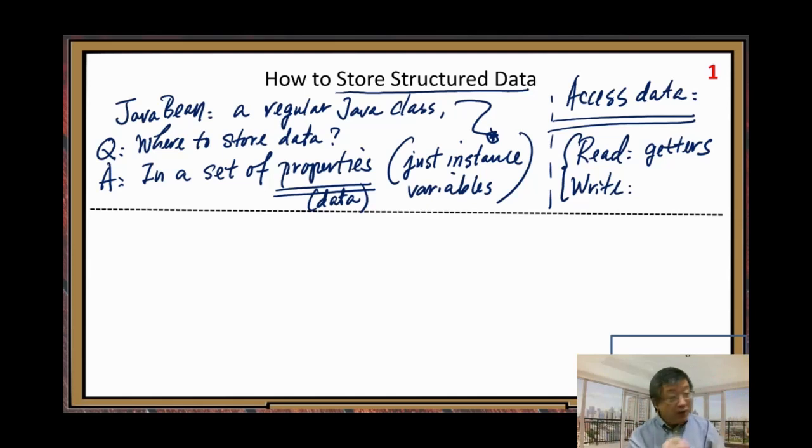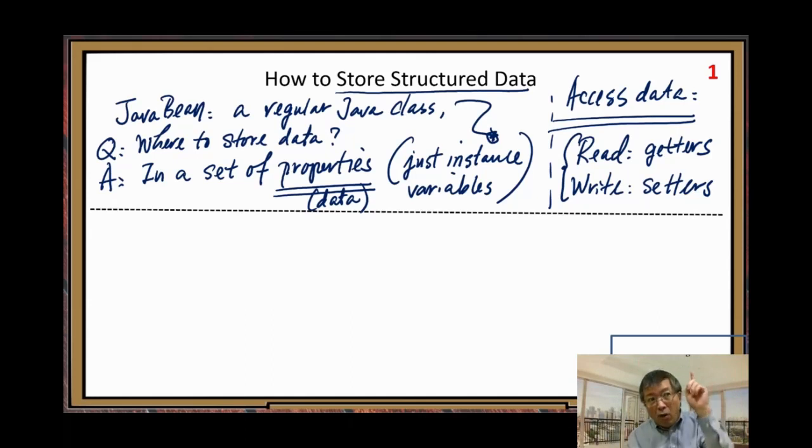Then write data. You want to put in new data. How to do it? Set data, set property, setFirstName. So we call them setters. So here you have the concept of getters and setters. Then you have a normal, typical JavaBean class.